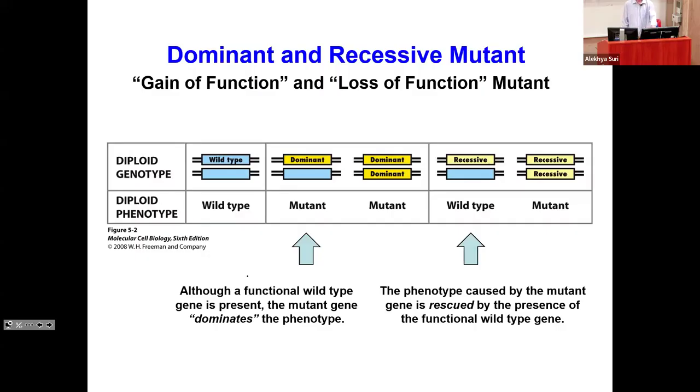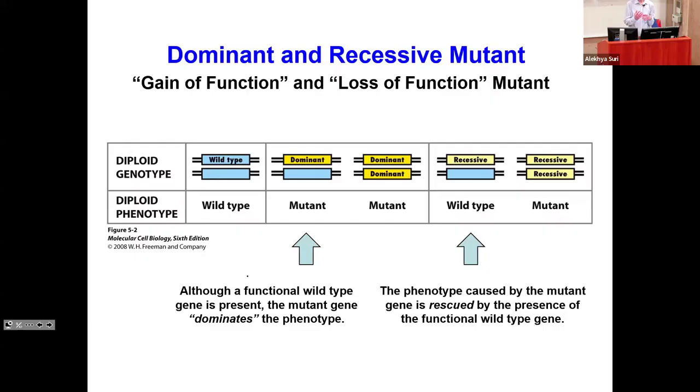A different scenario is a dominant mutation or dominant mutated genes. This means although there is a wild type gene, you would still see the mutant phenotype.